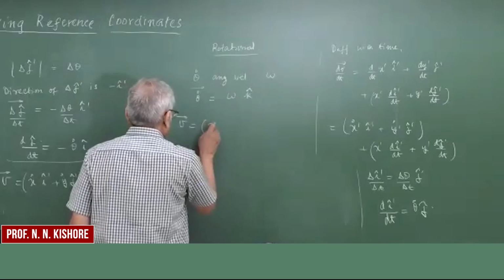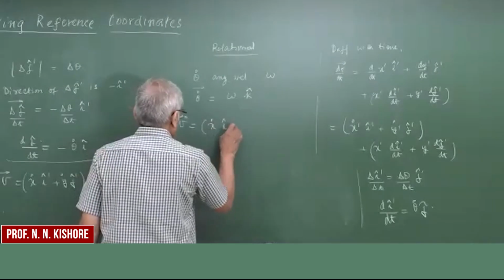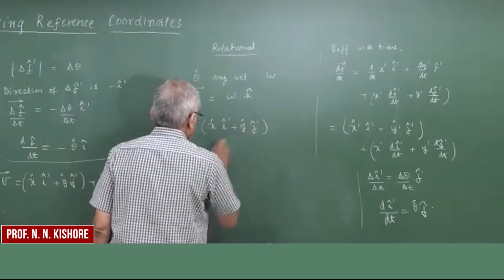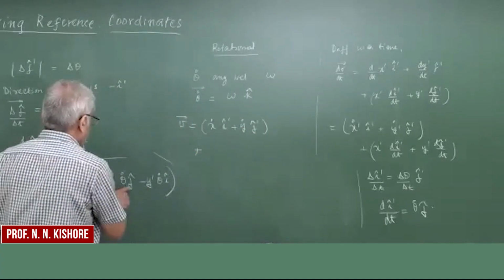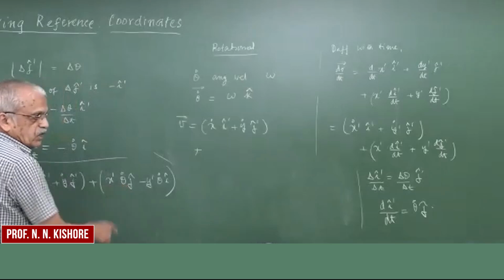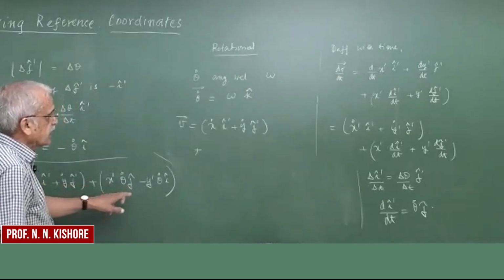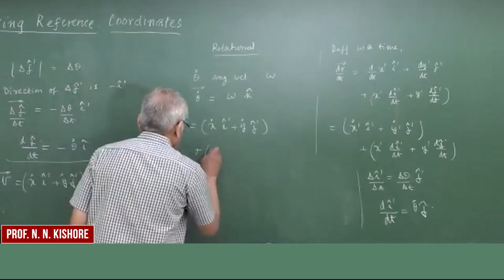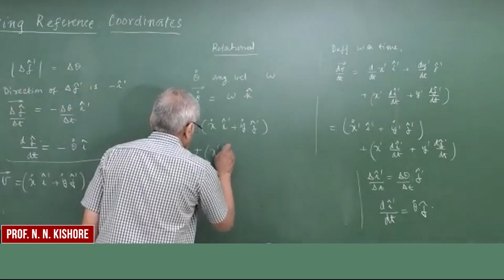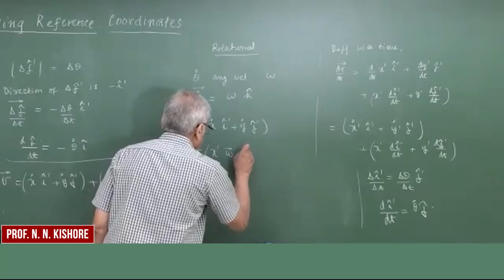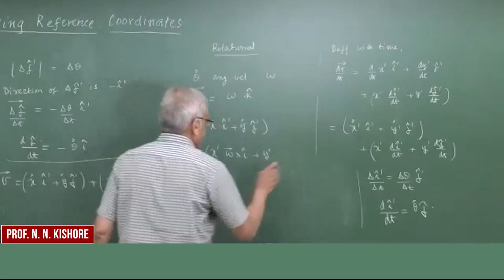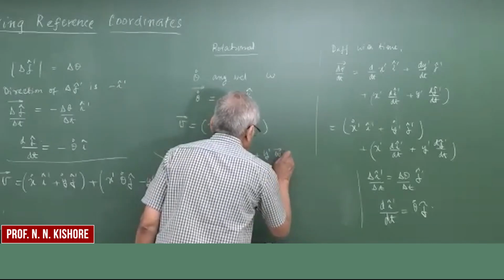will become, and this can become as theta dot is omega, and j can be written as k times I, omega cross I, and this minus I becomes omega cross j.